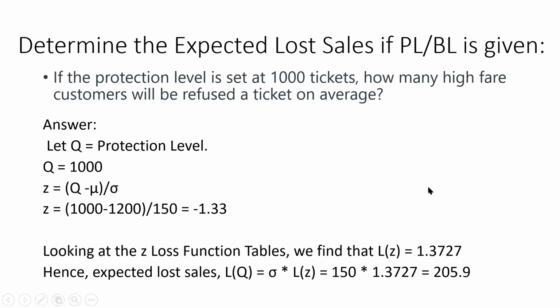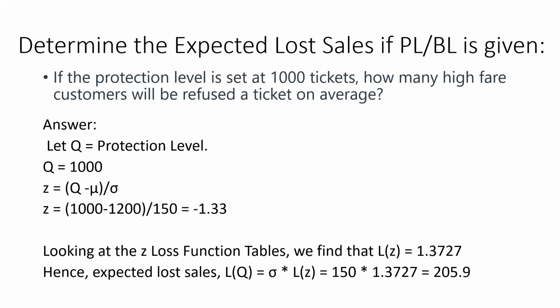Okay, let's move on. So determine the expected lost sales if protection level or booking limit is given. This question is in homework 4. If the protection level is set at 1,000 tickets, how many high fare customers will be refused a ticket on average?